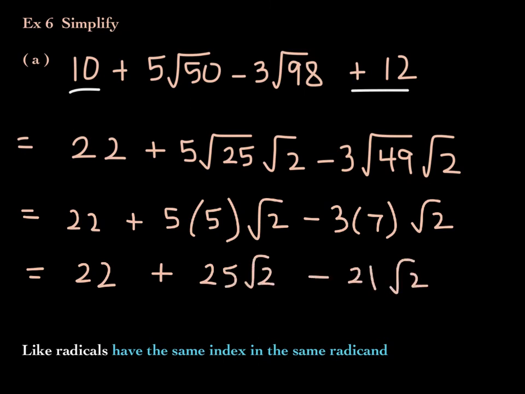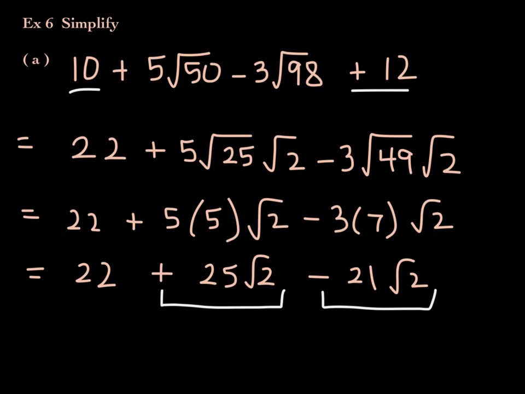There, you can see hopefully now that this radical expression and this one here are considered like radicals. They have the same index. The indices have been the same since the beginning, right? But now the radicands are the same, 2 and 2. So what we can do now is combine these two. And how do we combine them?